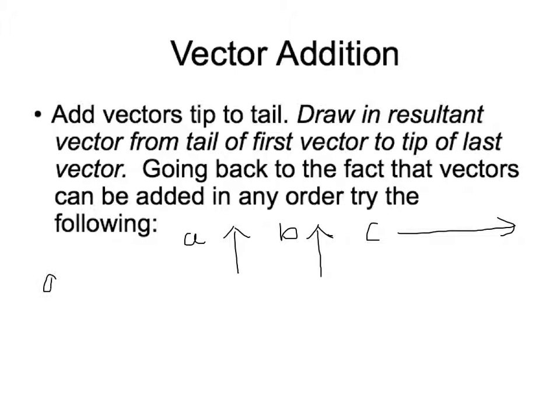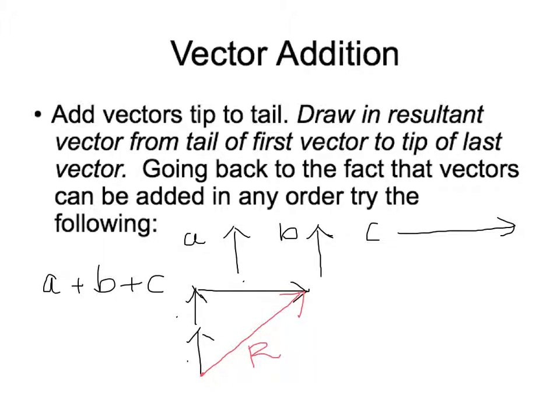So if I were to add A plus B plus C, I would go A plus B, notice it's tip to tail, plus C. So A plus B plus C. The resultant vector would be from the tail of this one to the tip of that one, and that would be your resultant vector.